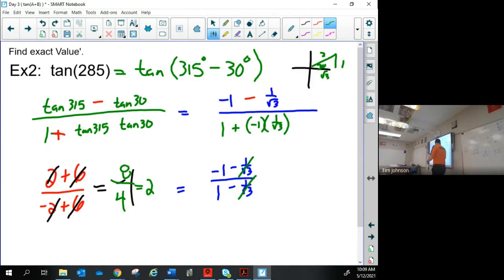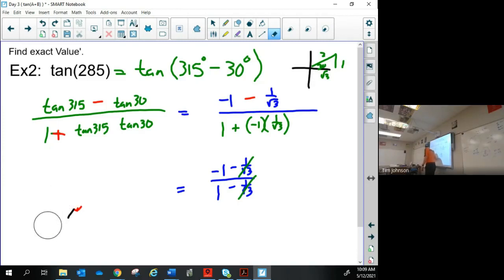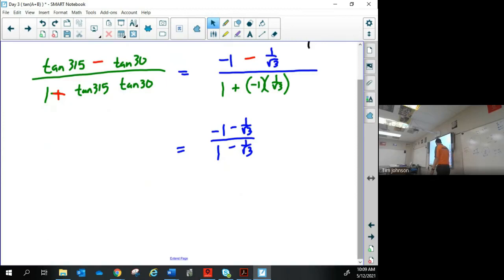Now, what do you have to do? Well, we just have to come up here and add them together. What do I mean by add them together? I'm going to take this and make it the square root of 3 over the square root of 3.